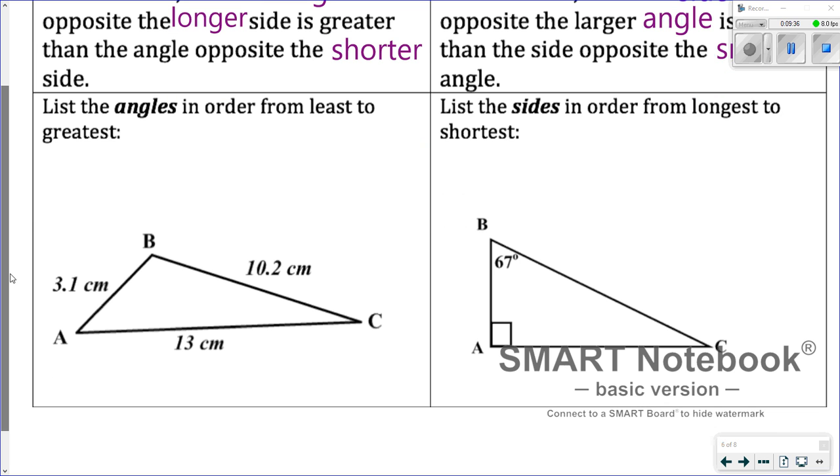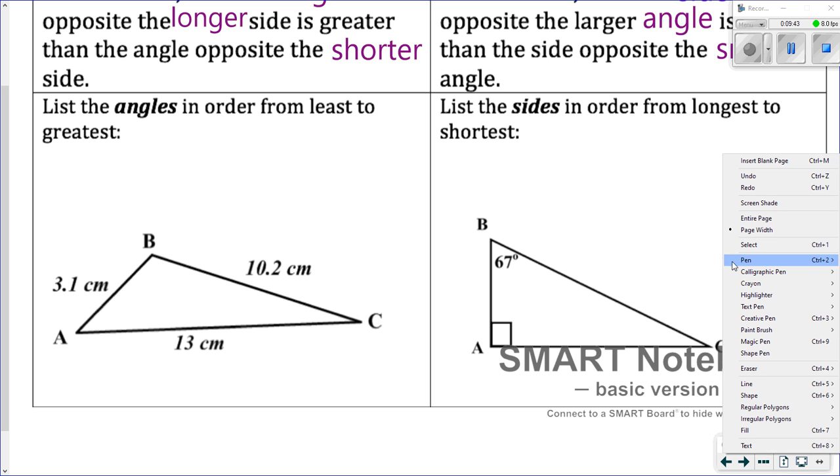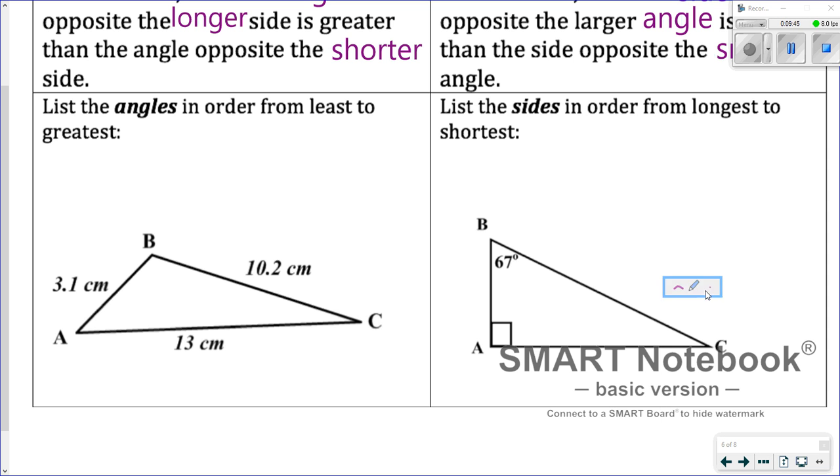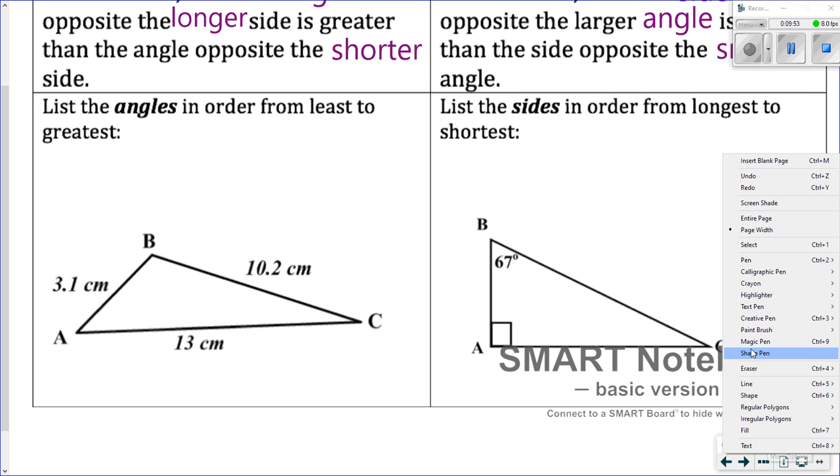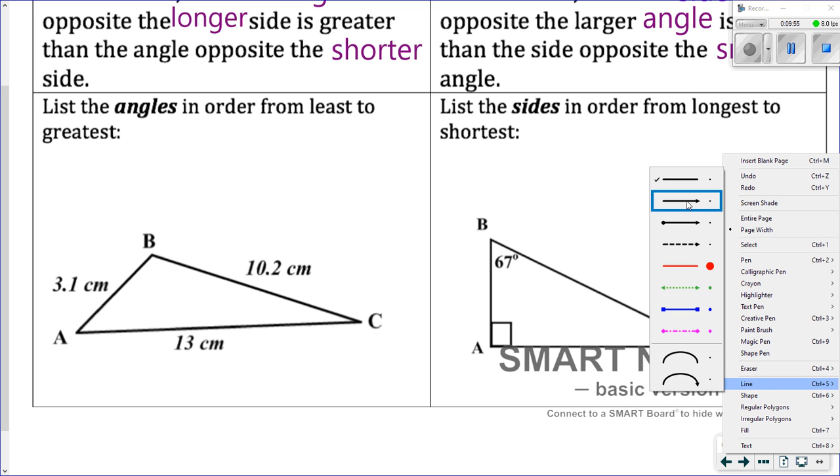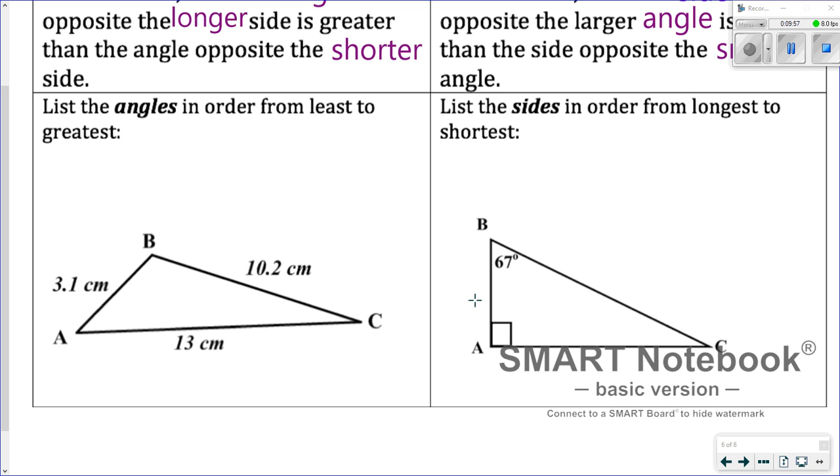All right, so with the first one, they said list the angles in order from least to greatest. In order to do that, we have to look at the sides. So we have 3.1, 13, 10.2. And actually, I'm going to make this neater by using the arrow. So basically, look at the numbers.